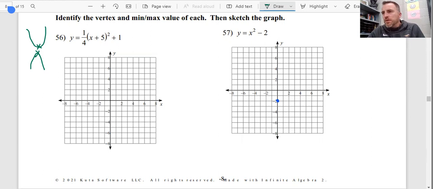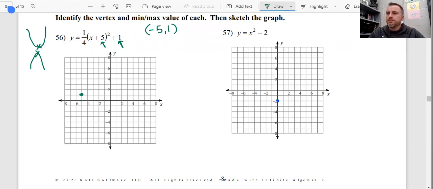Okay, so we want to first identify the vertex. So the vertex on this has to do with this 5 and this 1, h and k. So remember, if you see your x, you go the opposite direction. So that one's not going to go to +5, it's going to go to -5. And k is 1. So the vertex is at -5, 1.